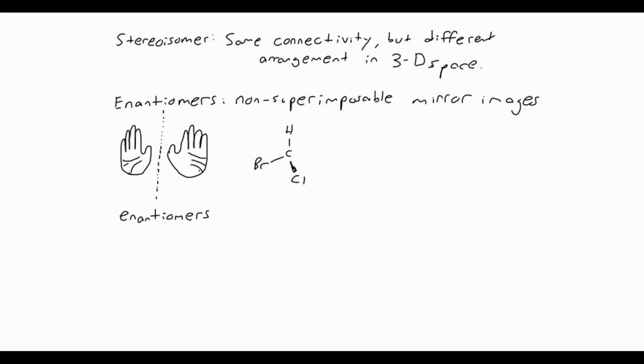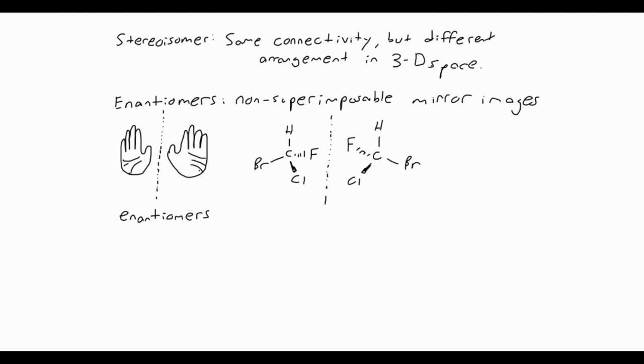Remember, wedged is coming out towards us, and fluorine with a hashed bond going back into the paper. And what if we draw maybe a mirror plane right here? Let's flip this over the mirror plane. And we have fluorine, again chlorine, and bromine over here in the plane of the paper.